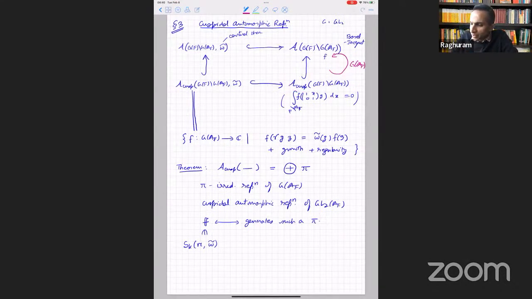Or you can fix a central character and talk about the same spaces, and technically it's always better to have fixed a central character. And the reason is that the underlying locally symmetric space, which I'm using in a loose way, not as a differential geometer would use, but simply as GA mod GF mod something at infinity, mod some compact, I want that space to have finite volume.